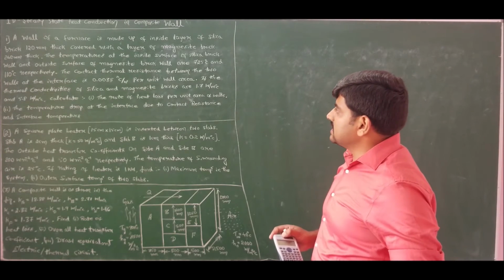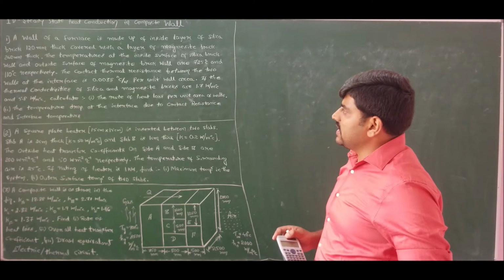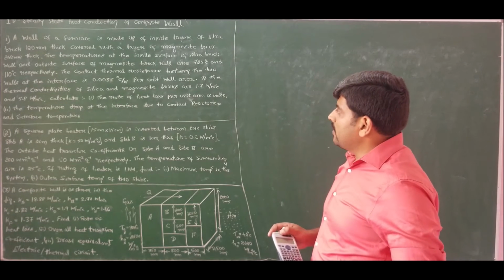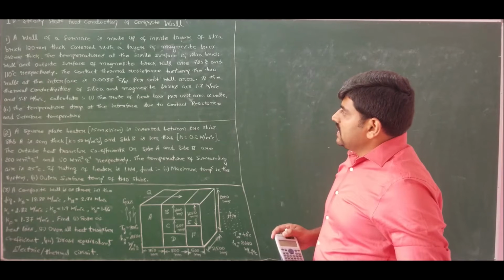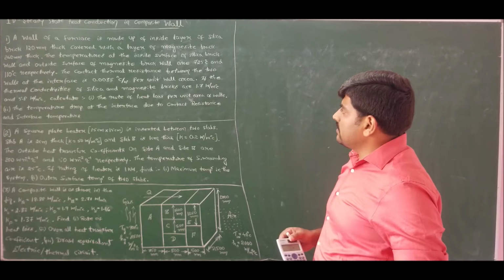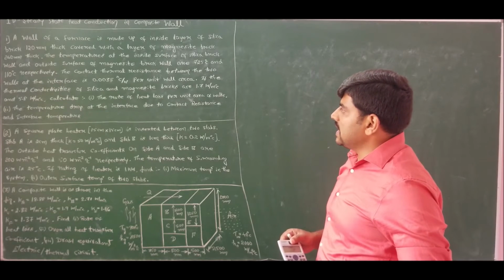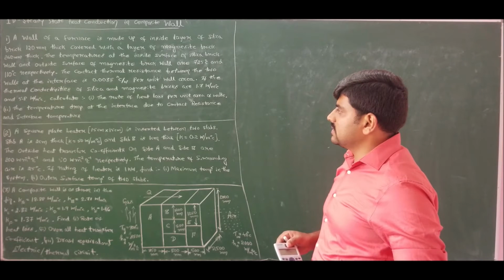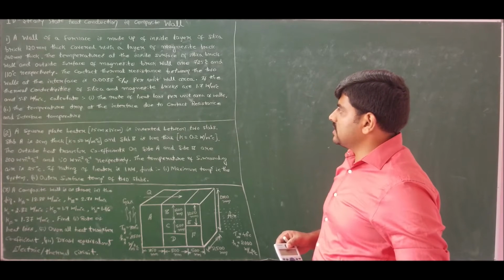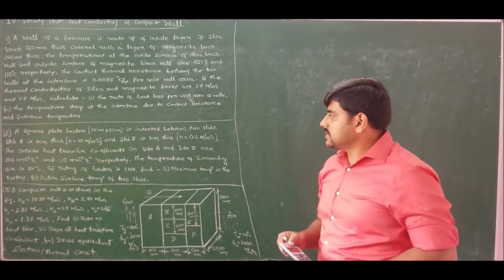The contact thermal resistance between the two walls at the interface is 0.0035 degrees Celsius per watt per unit wall area. If the thermal conductivities of silica and magnesite bricks are 1.7 watt per meter degree Celsius and 5.8 watt per meter degree Celsius, calculate the rate of heat loss per unit area of the walls, the temperature drop at the interface due to contact resistance, and the interface temperatures.